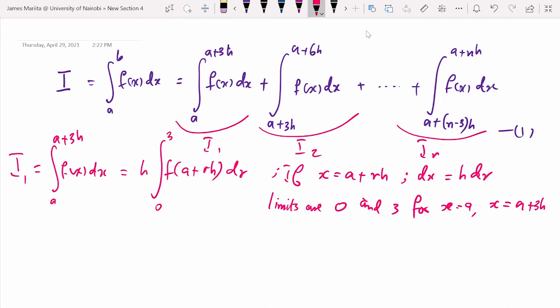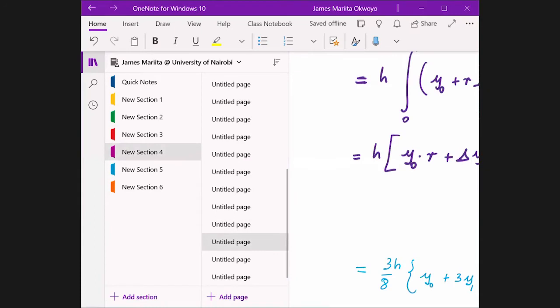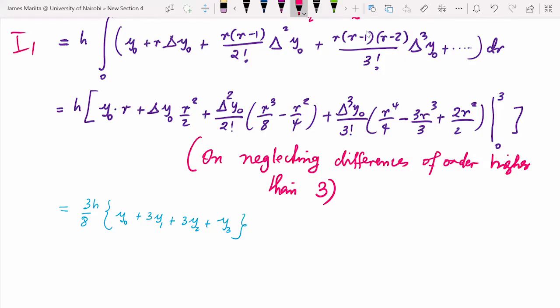So once we have that, then we expand this to get that polynomial, and it gives us this for our I1. So this will be h, and this integral is from 0 to 3.